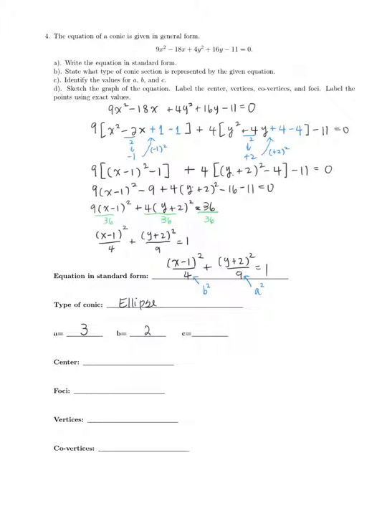Now, to find c, let's use this formula. c squared equals a squared minus b squared, which is 9 minus 4, which is 5. So our c is going to be square root of 5. Center is going to be 1 comma negative 2.